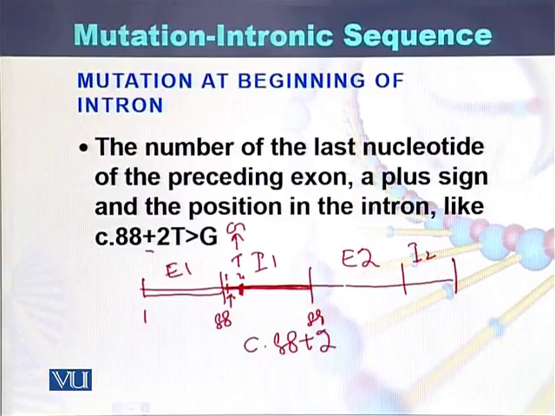Then we will write that T to G change as c.88+2. At position 2, there was a T, that T is changed into G. So this is the pattern of how we write a mutation in the beginning of an intron.